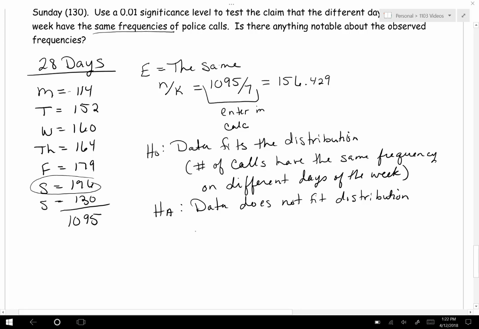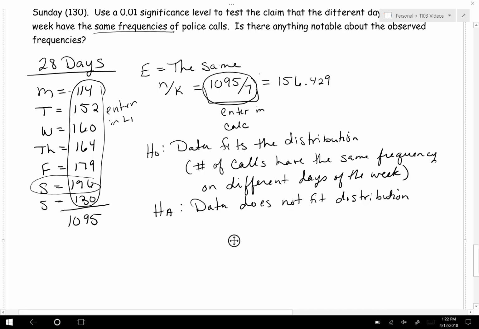So again, this is a chi-squared test. I wouldn't even bother using the critical value with this, since you're going to be doing it using technology anyways and you're going to get a p-value. I would just use the p-value. So in your calculator, these values will become list 1, and then you need to enter this into list 2.